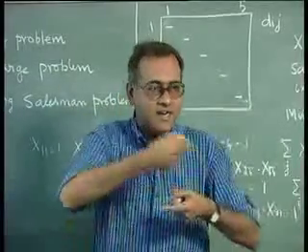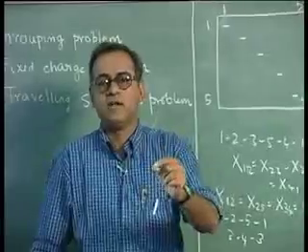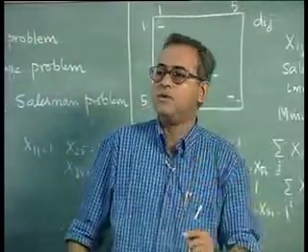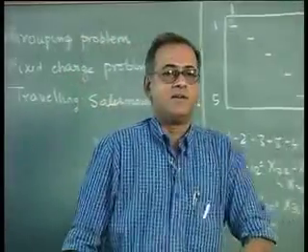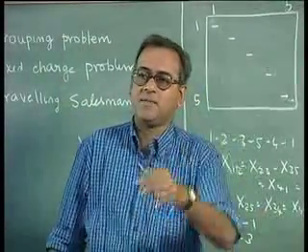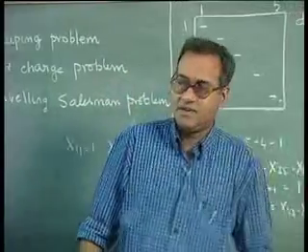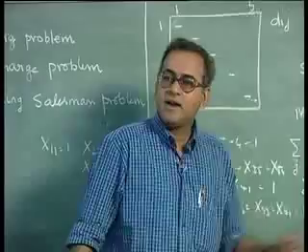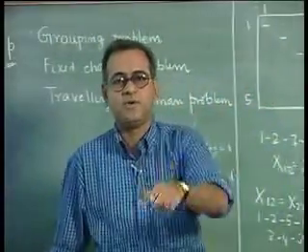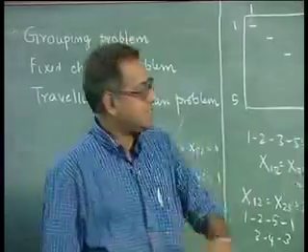So you do it up to n by 2 when n is even, and n minus 1 by 2 when n is odd. So you will have NC2 plus NC3 plus up to NC n minus 1 by 2 constraints if n is odd, in addition to these 2n, and NC2 plus up to NC n by 2 when n is even, in addition to these two.